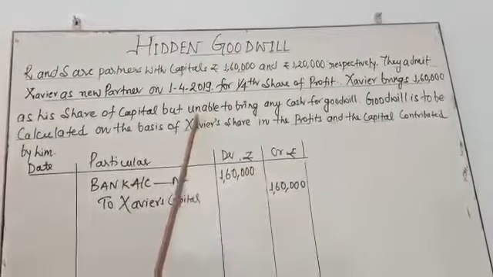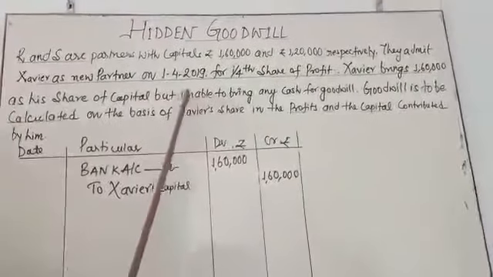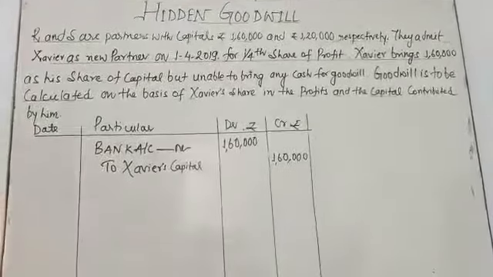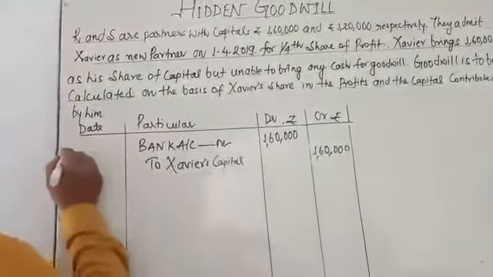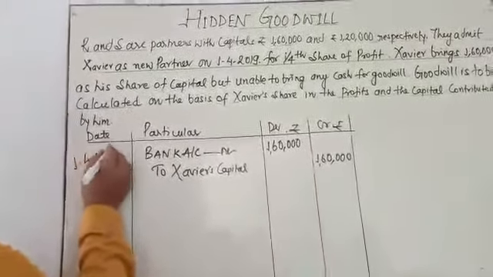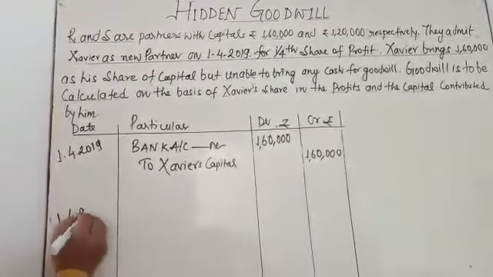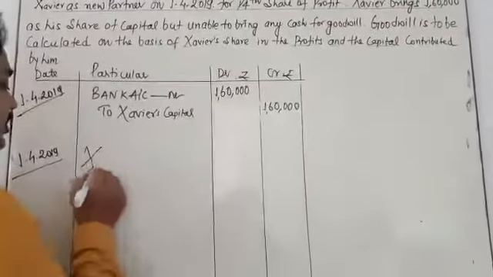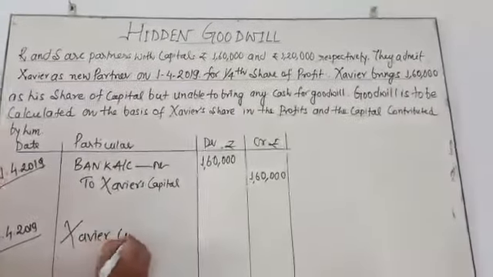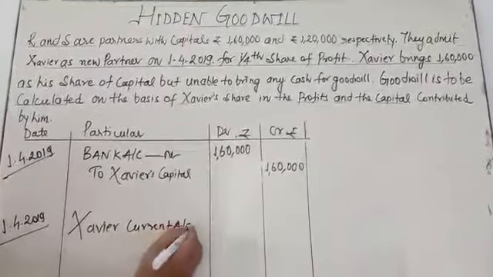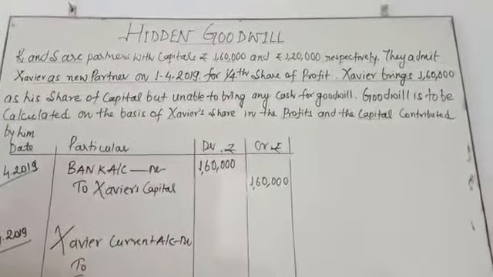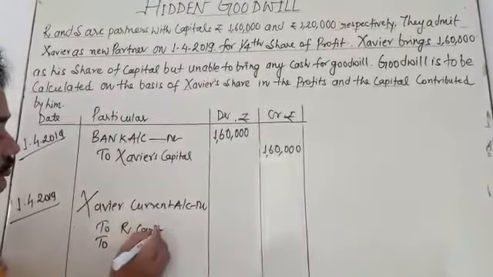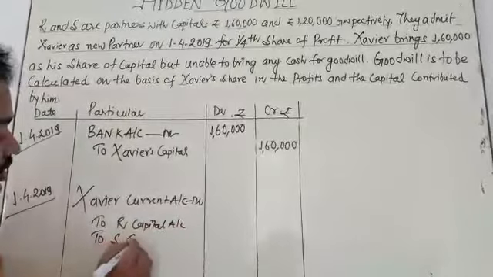The next entry is for goodwill. But in this question, Javier is unable to bring goodwill in cash. Do you remember? Unable means you have to open a current account. So you mention the date also, 1st April 2019. You write down Javier's current account debited to R capital account, S capital account.